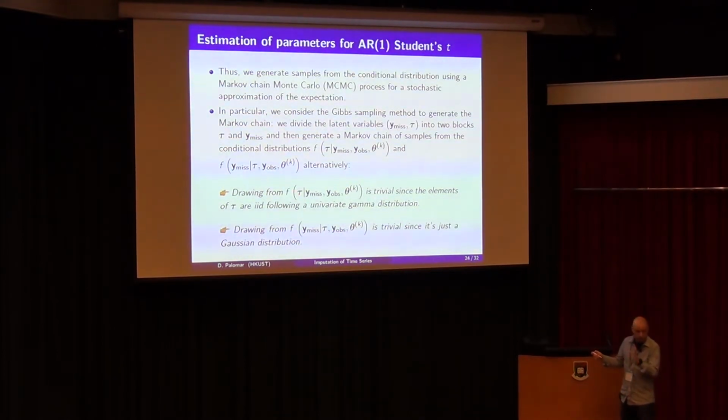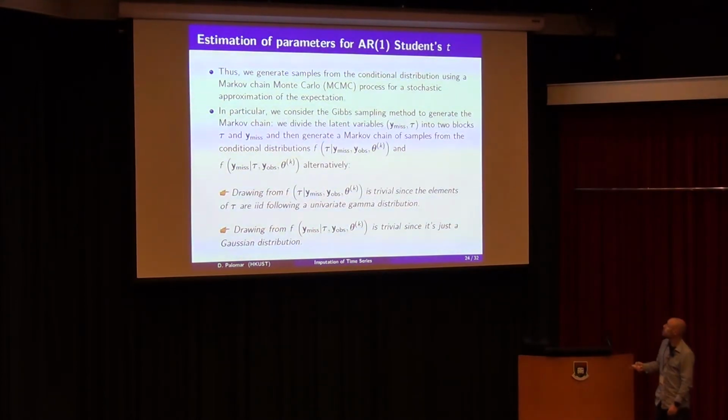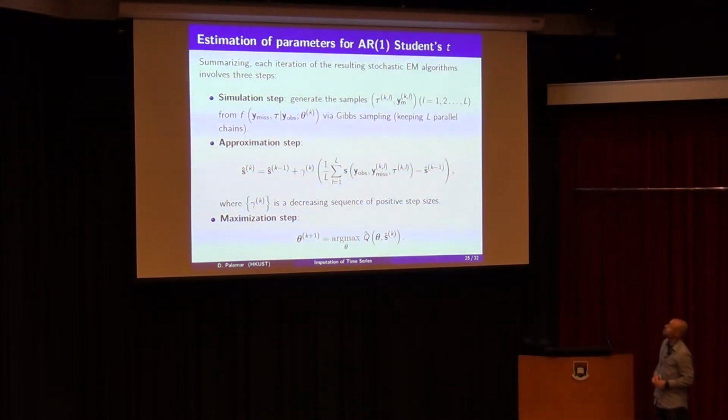At the end, the only thing we need to do is to draw the tau given all the y's, and this is trivial because tau is just a gamma distribution. Then, given the gamma and the observations, draw the missing values. Again, this is trivial because this is just Gaussian. So we draw this, again and again, until it converges, and that gives us one realization of the joint. That's the stochastic EM applied here.